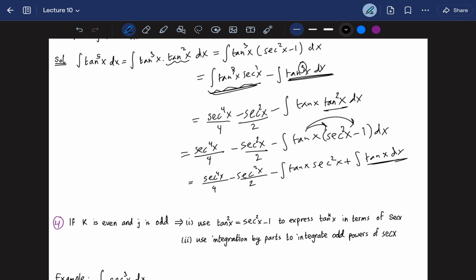It's just ln of secant. Now, tan secant squared, if you remember, the derivative of tan is just secant squared. So I can just do a u sub with tan. And my du is just secant squared dx. So technically, this is just an integral of u.